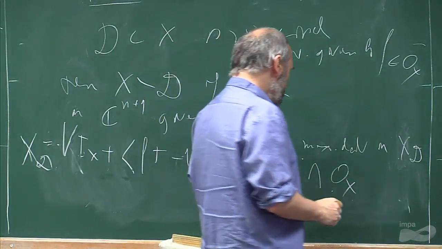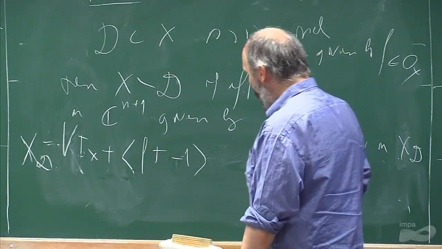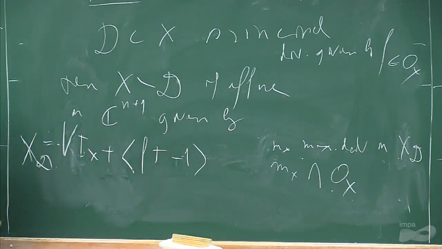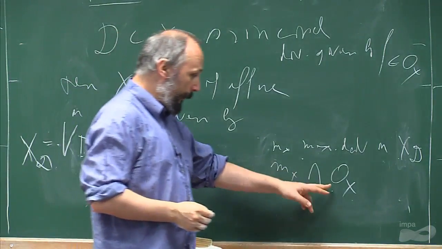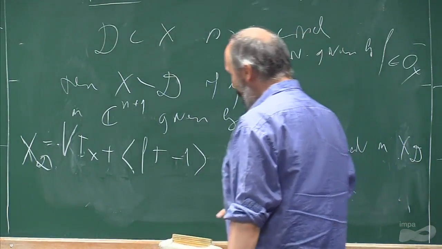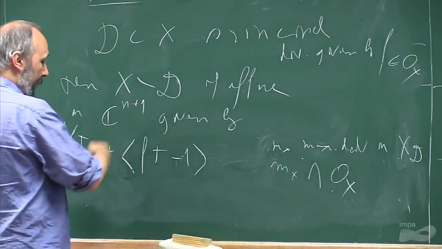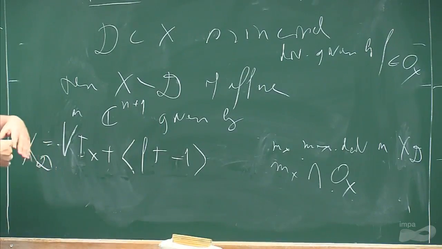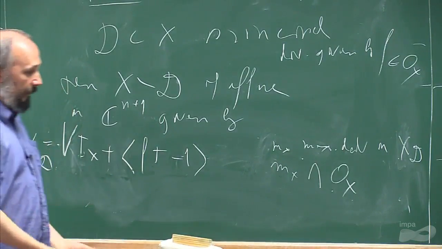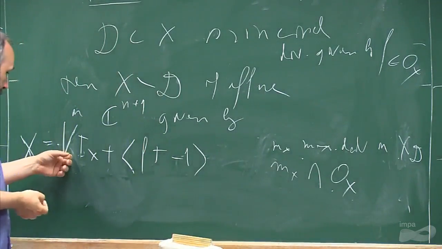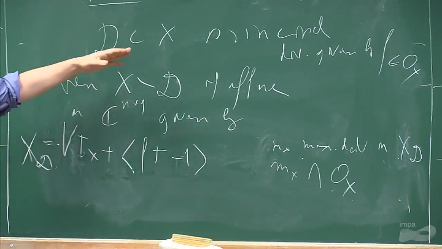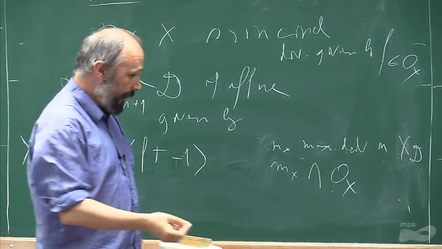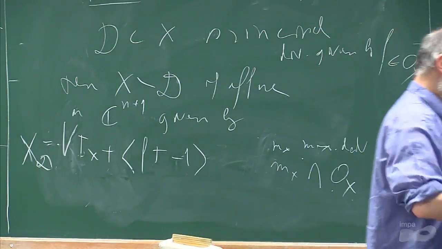So if you have a maximal ideal which contains this ideal, its intersection with O_X doesn't belong to the zero set of F. But if it doesn't belong to the zero set of F, you can just lift it to C^(n+1) and take a maximal ideal which contains it. So this is a one-to-one equivalence.